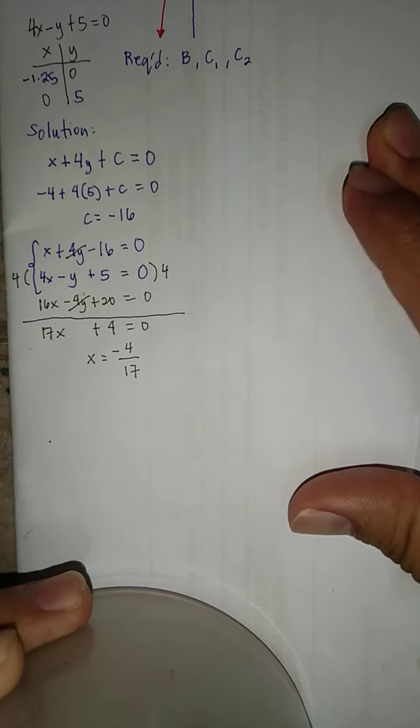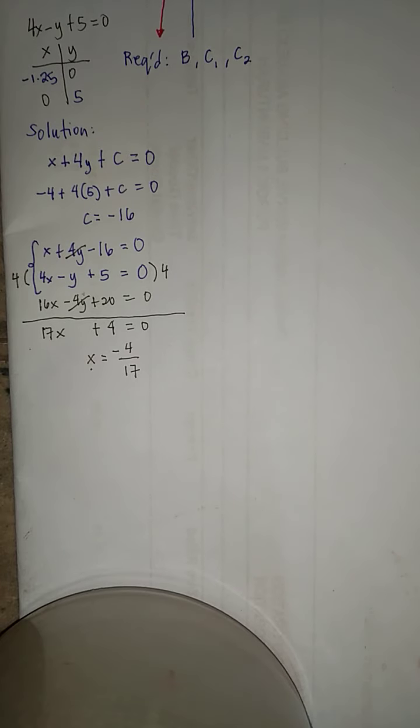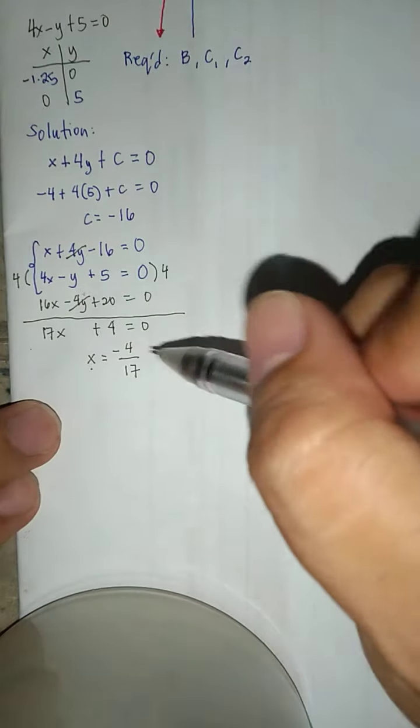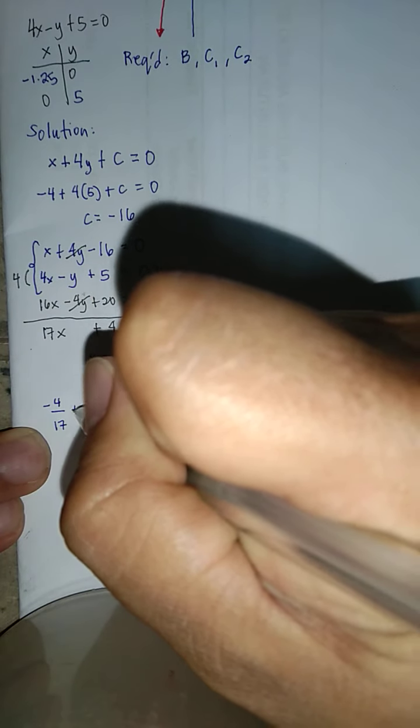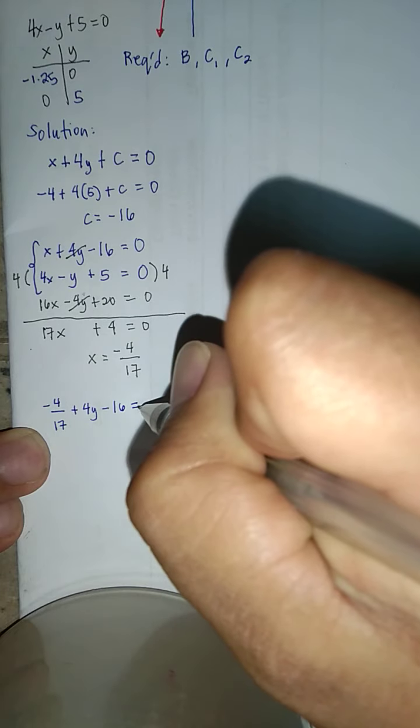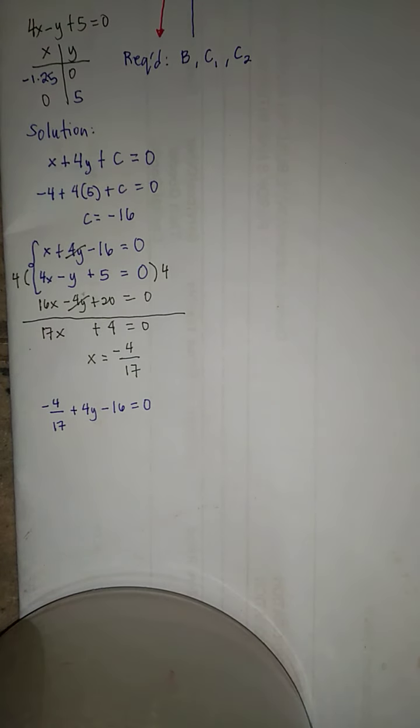Next up is solving for y. We're going to substitute x into one of the equations, so we're going to use the first equation. You have -4/17 + 4y - 16 = 0.